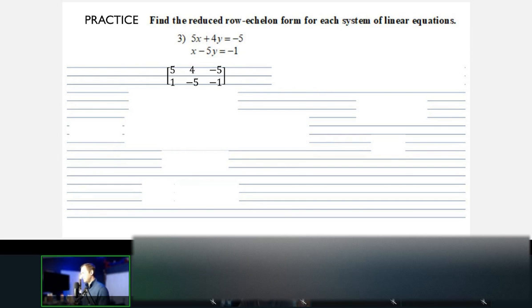You actually have to think for yourself and figure out this puzzle of how to get it in the form. We always want to try to get the top left to be a 1, the row 1, column 1 element. Now we have many choices. Looking at this matrix we created, what's something we could do?